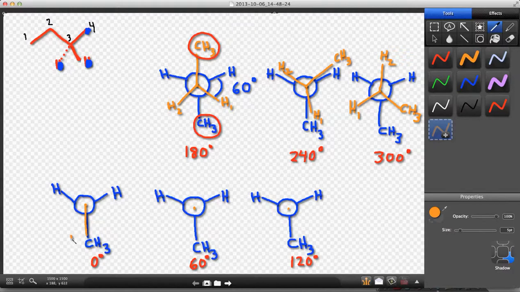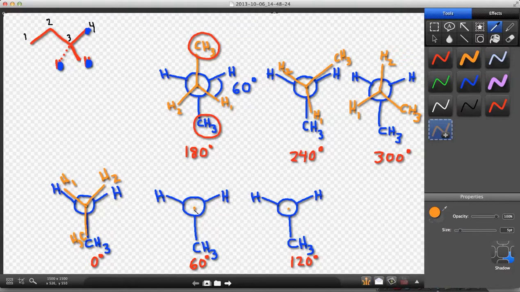This is kind of difficult to show, but I want to show the two methyl groups are really on top of one another, as are the two hydrogens.